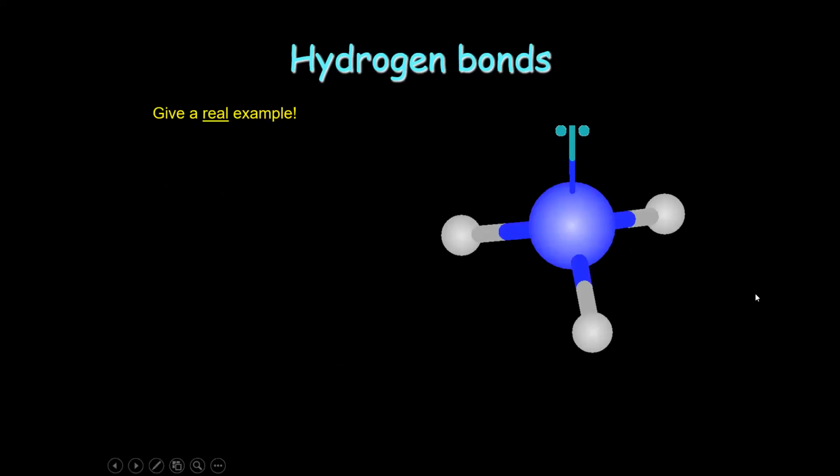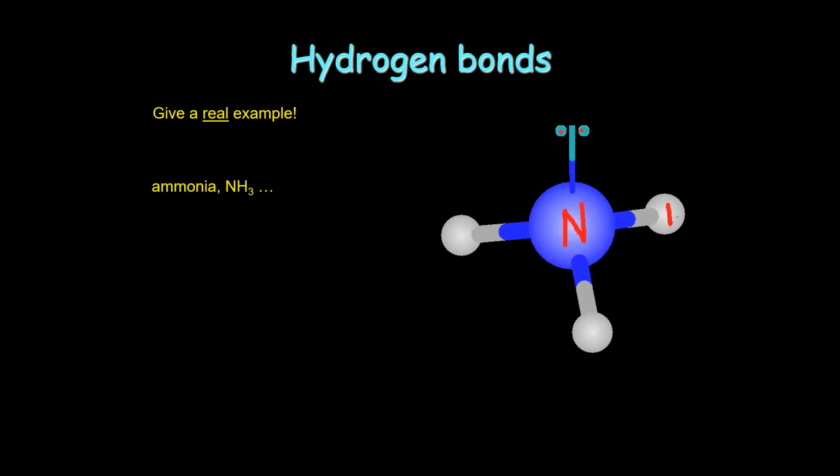So let's look at another compound. This is ammonia. In ammonia, we have your nitrogen carrying the lone pairs of electron, as you can see, the lone pairs of electron here.